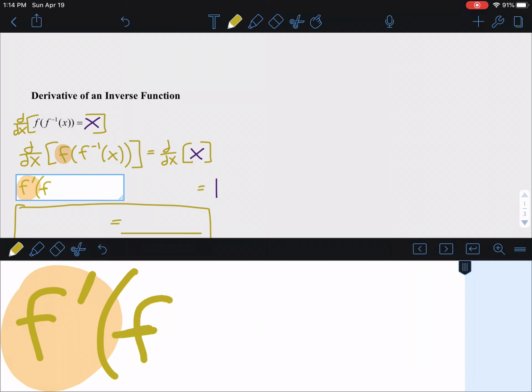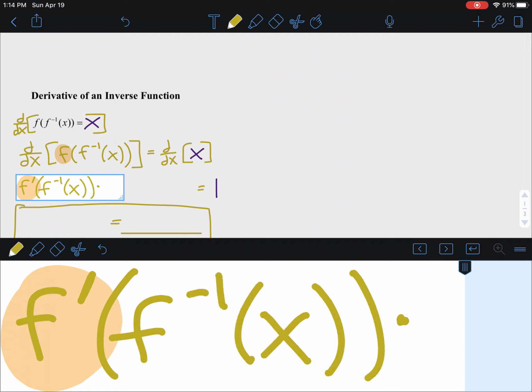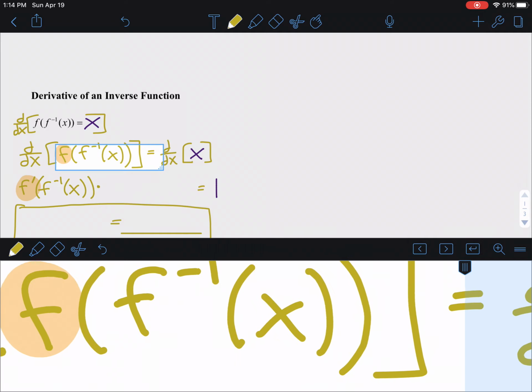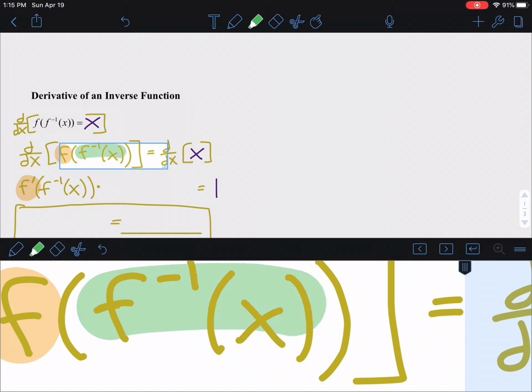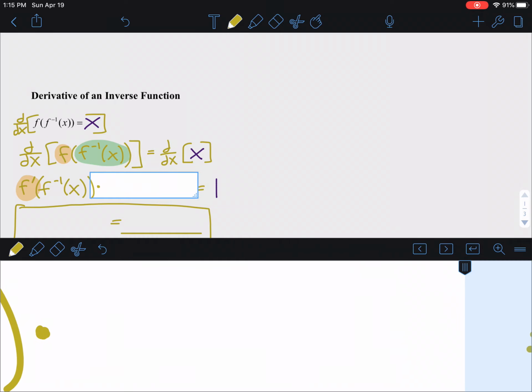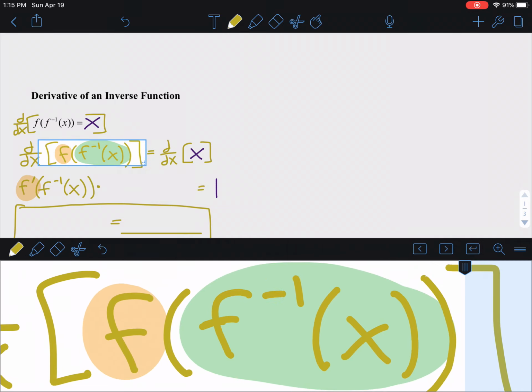So this is going to be f prime of f inverse of x times, and now I have to take the derivative of whatever is inside here, which is f inverse. Now, I don't know what the derivative of f inverse is, just like I don't know what the derivative of f was.